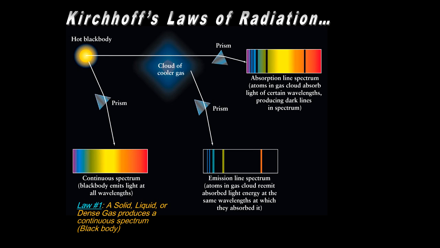We already discussed that. That's the black body. Well, if that black body radiation goes through a cloud of cooler gas, cooler than the black body itself, there will be something that happens in this cloud. Namely, the atoms will selectively absorb some of the photons coming from this continuous spectrum of all the wavelengths.